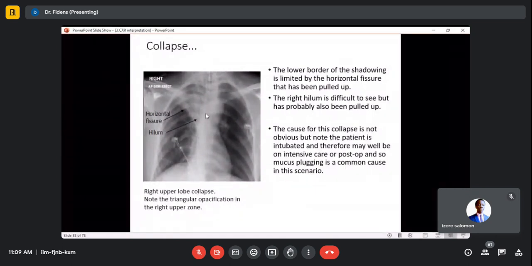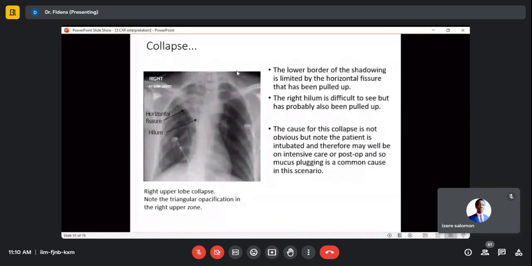When it is within 5 centimeters between the tip of the endotracheal tube and the carina, we know that it is too deep. They have to go and pull it up again. That's the message that comes into my mind when I see this endotracheal tube.